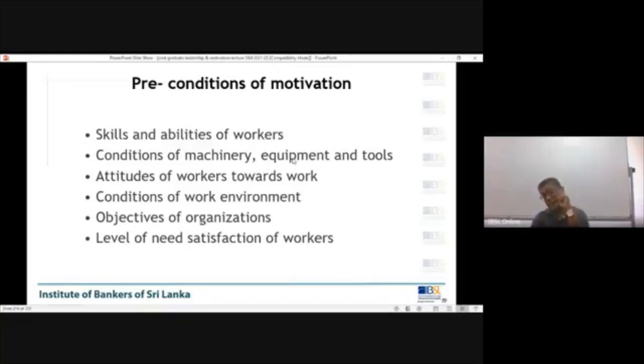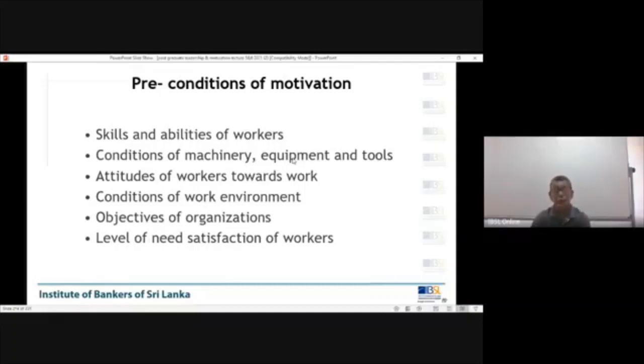We will discuss certain theories, but we need to remove all unsatisfied factors. What factors do you need to look at? Preconditions of motivation: skills and abilities of workers. That, of course, you need to give. That is why we need to give training and development.